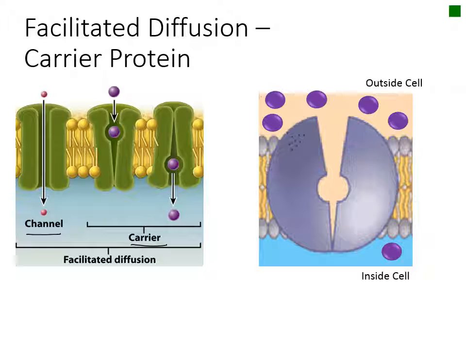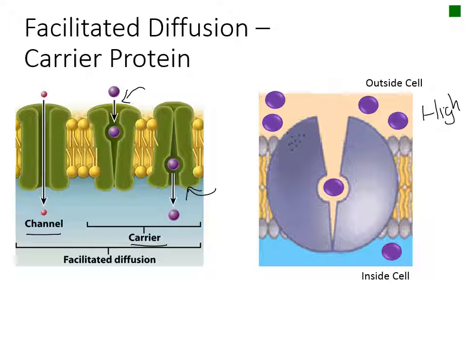Carrier proteins are different than channel proteins because they exist in two shapes, one that is open to the outside of the cell and one that is open to the inside of the cell. When the protein is open and facing the side with the higher concentration, the molecule can diffuse into the opening.